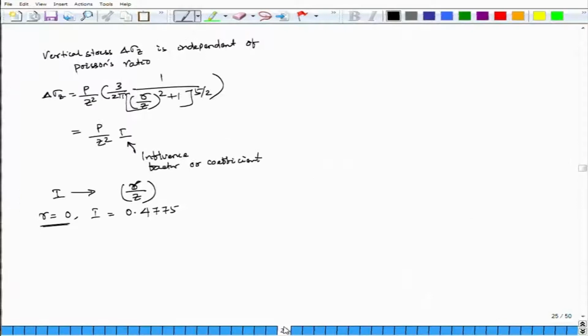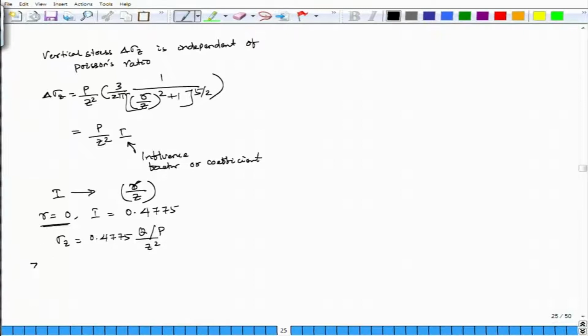So, I is equal to 0.4775, then in that case sigma z is equal to 0.4775 q by z square, or instead of q you can write it as P, P by z square.